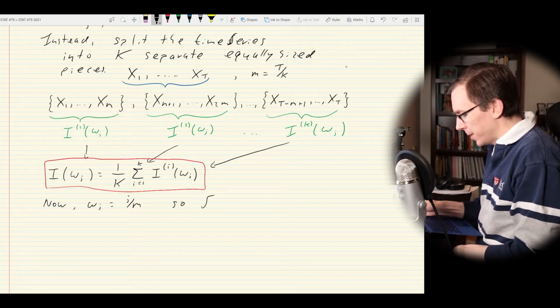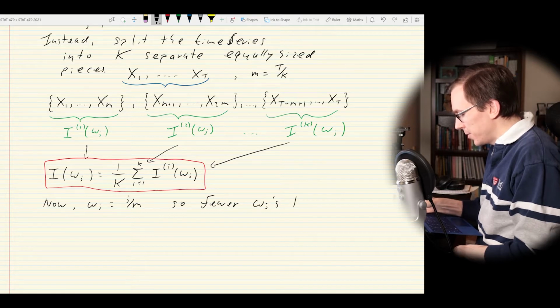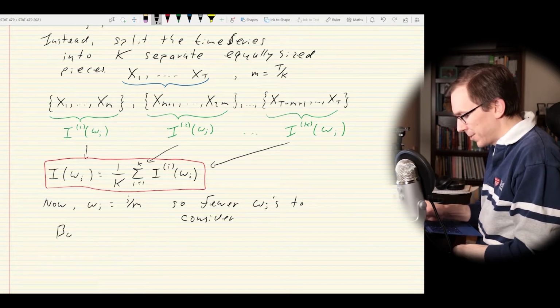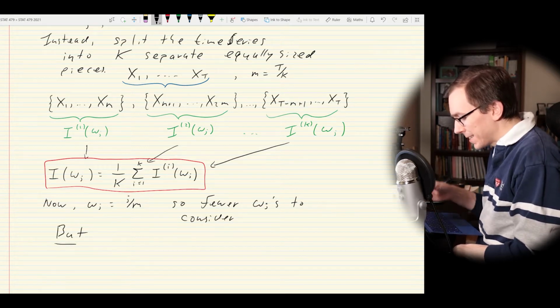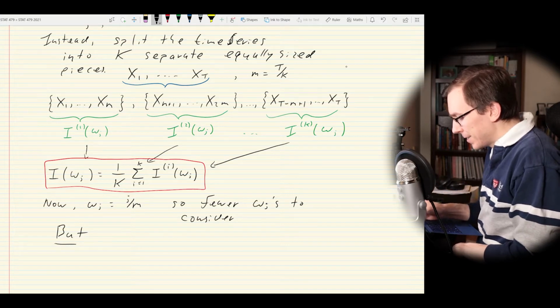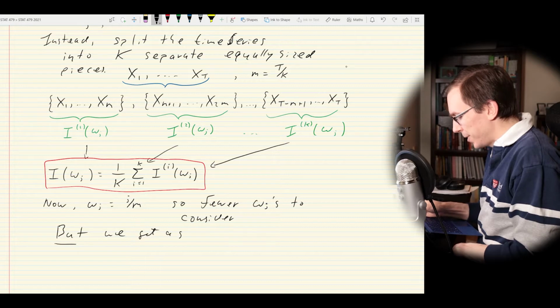So fewer omega j's to consider. But, and this is the big but, the point is that we get a smaller variance.